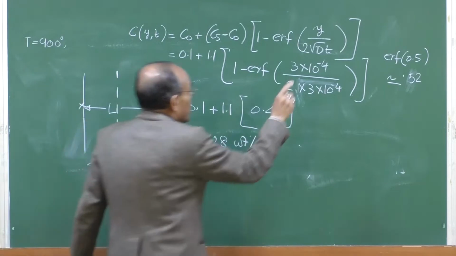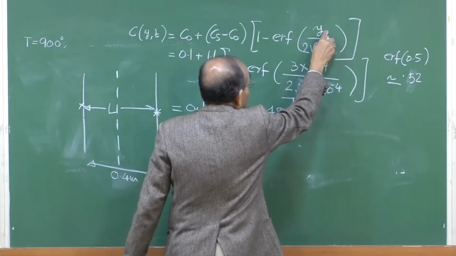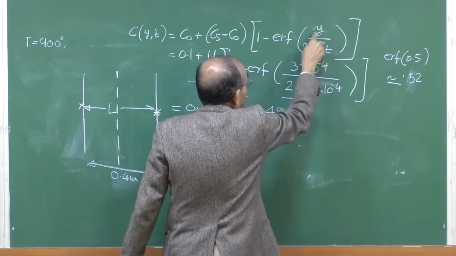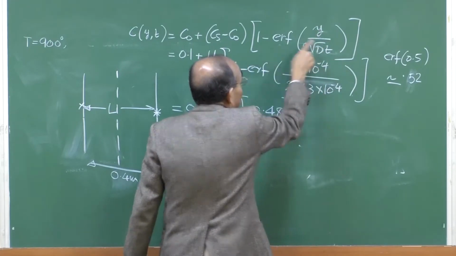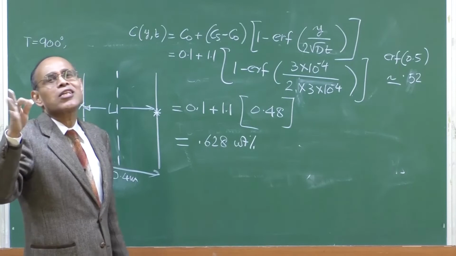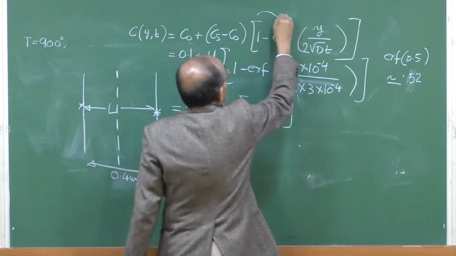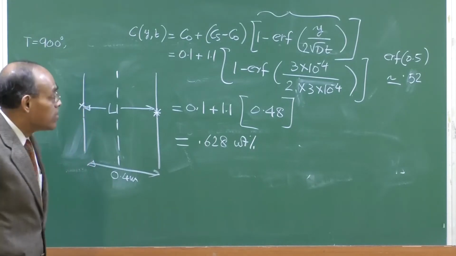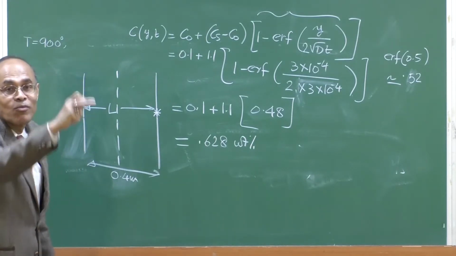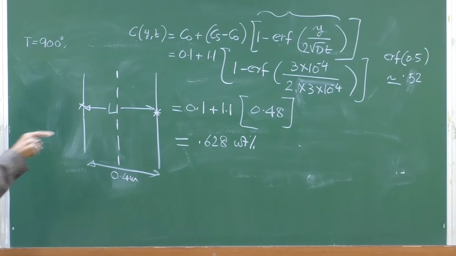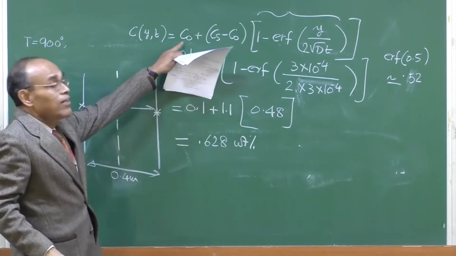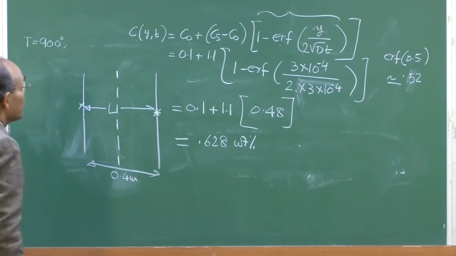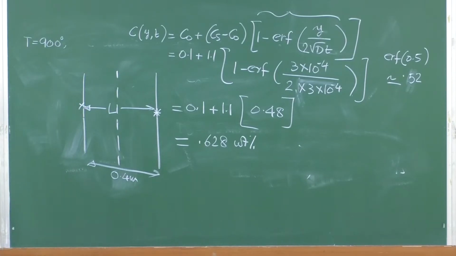I hope you understood that if you put y is equal to 4 times square root Dt, it will cancel out, 4 by 2 is 2, and error function of 2 is almost equal to 1. So, this term will vanish, and therefore, C is going to be equal to C0. So, that means we have reached a point where we got this initial concentration. So, that is the distance through which the diffusing species has been able to penetrate.